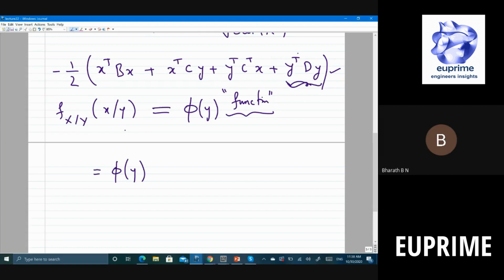We'll have the remaining, which is exponential of minus half times x transpose Bx plus x transpose Cy plus y transpose C transpose x.